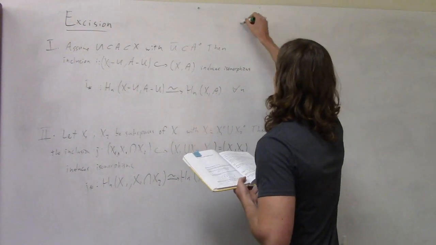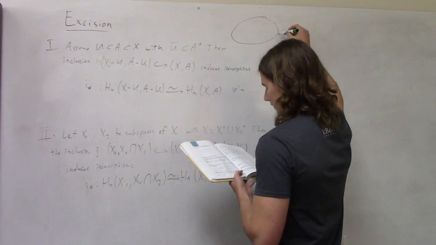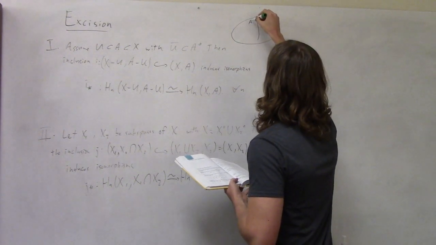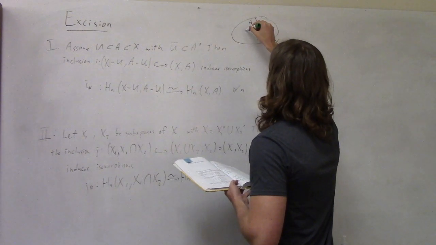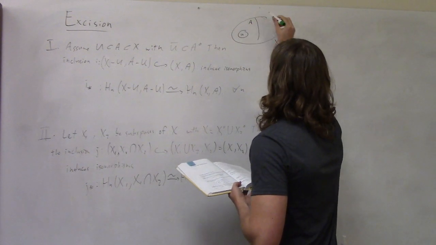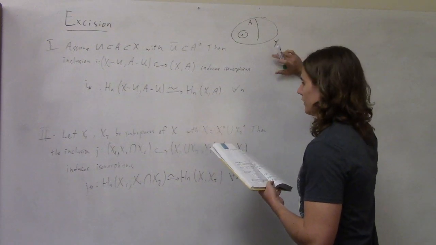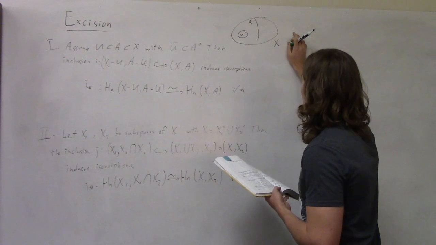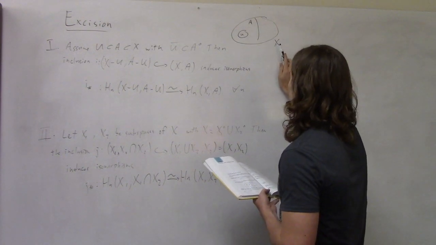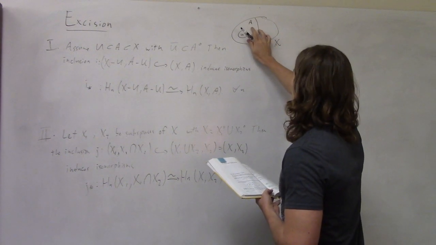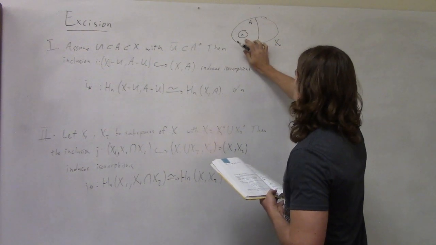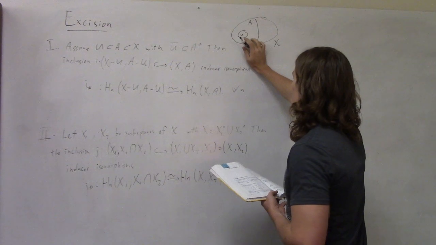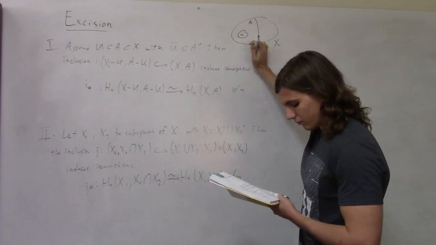So we have this space X with a subspace A. We also have another subspace U. And so this excision, if it's true, which I hope it is, says that the relative homology of (X, A) is the same as that of (X minus U, A minus U). So just taking this U out of both of them doesn't change the relative homology.